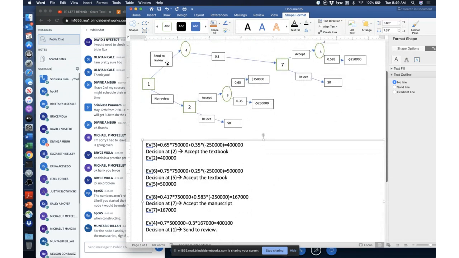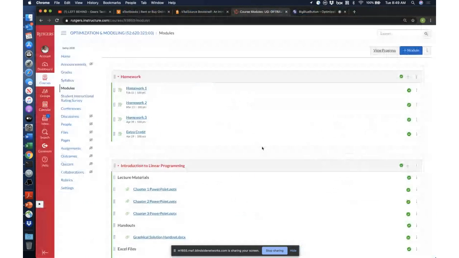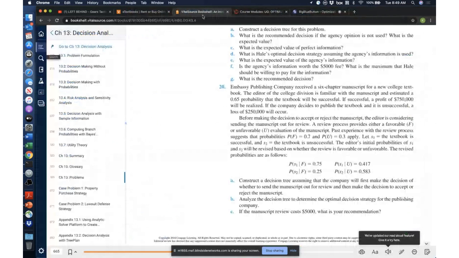So the difference between these two options, here the expected payoff is $400,100. Here the expected payoff is $400,000. So the difference between these two is only $100, not much. So if you look at the next part of the question, it says, if the review costs $5,000, what is your recommendation?